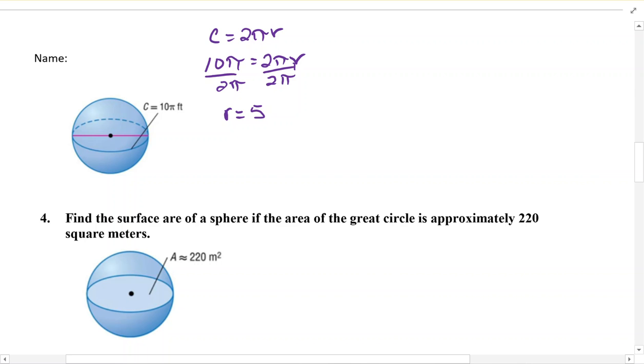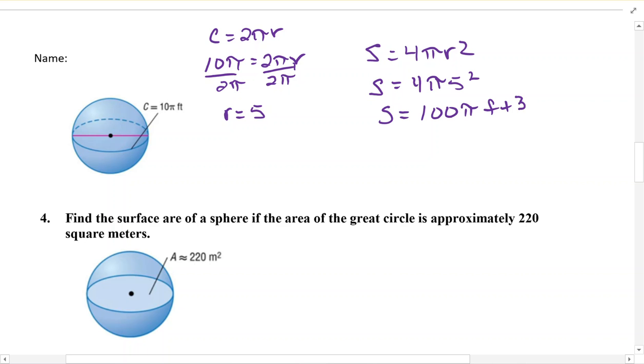The surface area is given by the formula 4 times pi r squared. Surface area equals 4 times pi times 5 squared. So we have surface area equals 100 pi feet squared, which is approximately 314.2 feet squared.